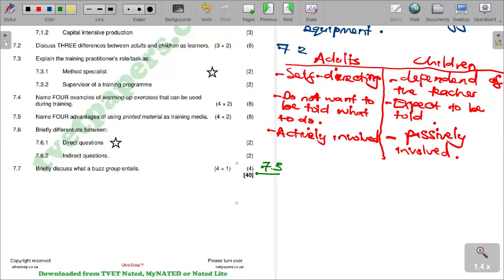The training practitioner should be able to use and apply all possible training methods, right?